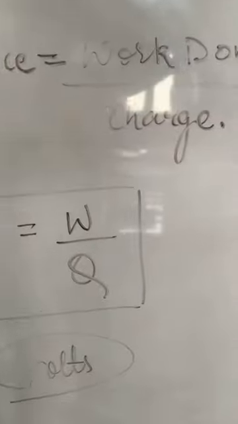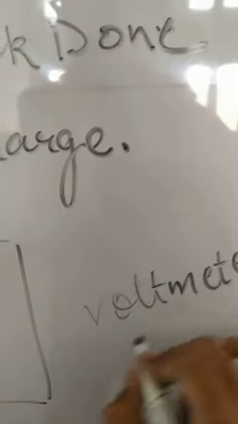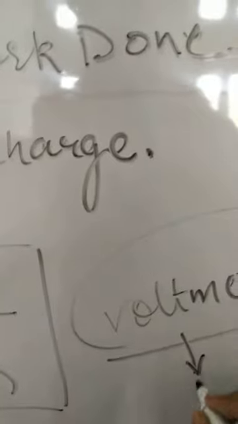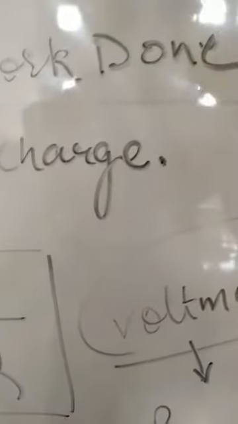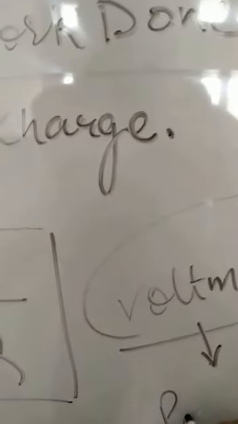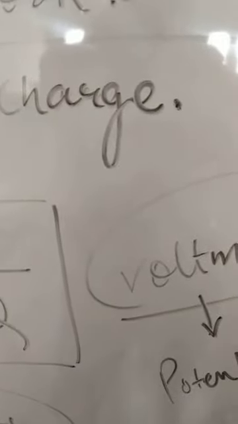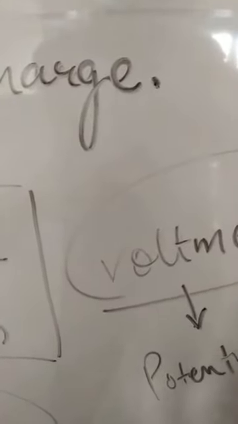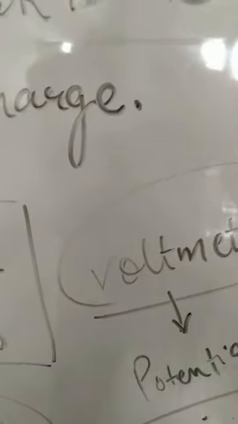And the instrument used to measure the potential difference is called a voltmeter. A voltmeter is used to measure the potential difference between the two ends of the wire.